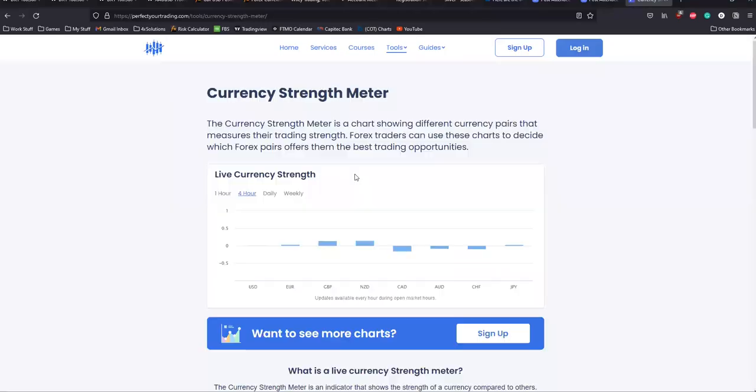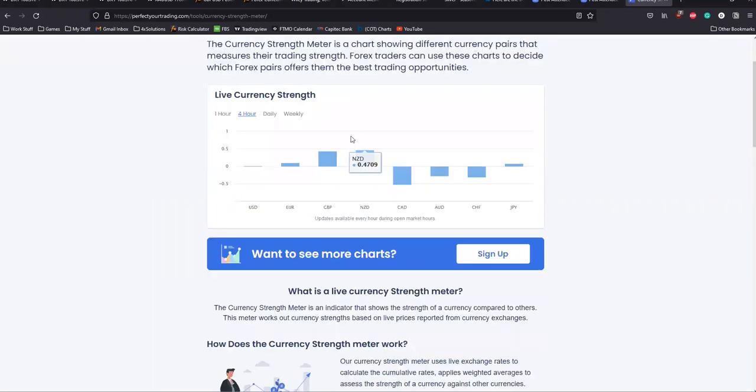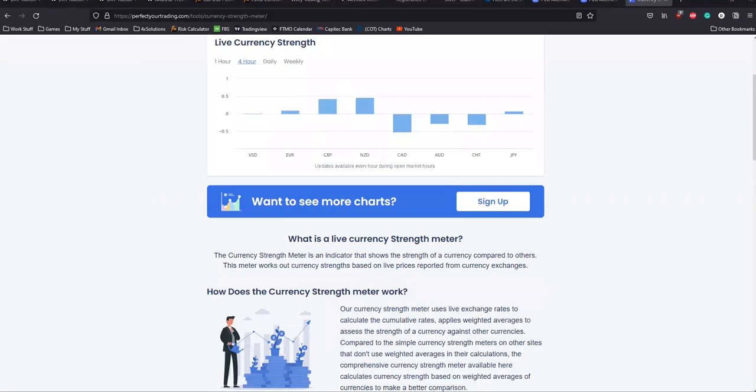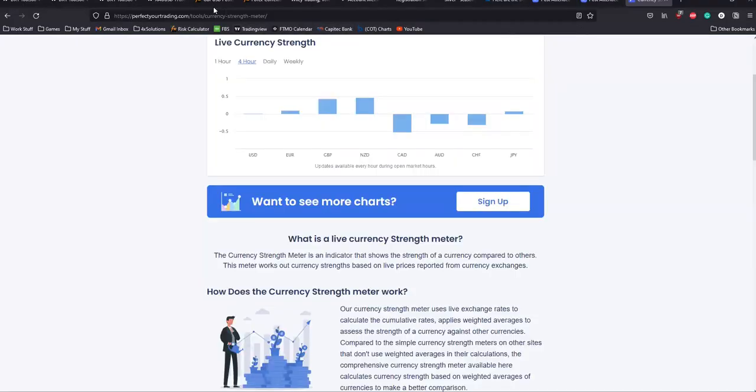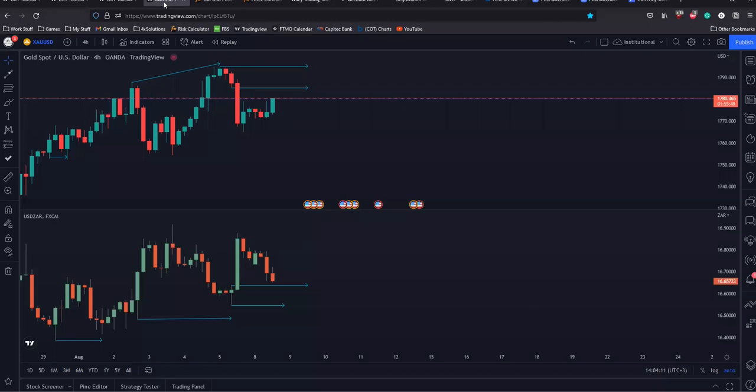You're going to click on this, and this is what general retail traders would do, and then it's going to show you, I don't know, GBP currently's got a strength of 0.5 and NZD's got a strength of 0.5, etc. We don't use indicators like this. We use what I'm showing you here to determine the relationship of other asset classes or similar asset classes. Okay, so that's what I'm showing you here.